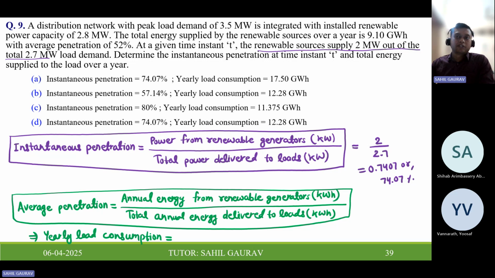So annual energy from the renewable generators is 9.10 gigawatt hour, while average penetration is 52%, so it will go to the denominator as 0.52. So it will come as 17.5 gigawatt hour.